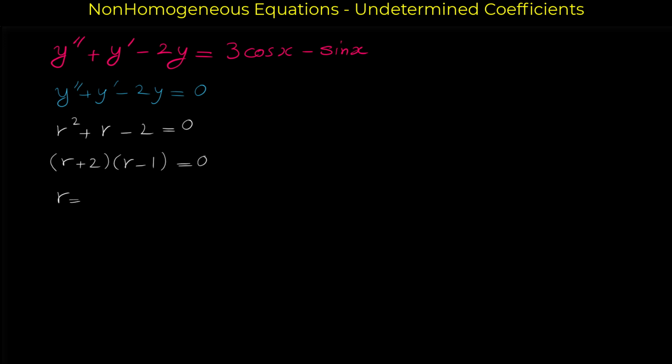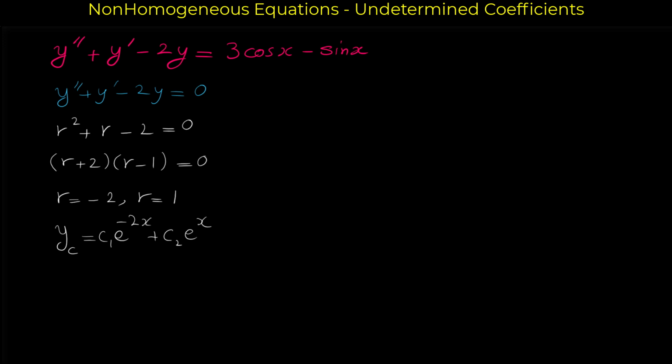From this, r is negative 2 and r is 1. These are simple, distinct real roots, so the complementary solution is c sub 1 e to the negative 2x plus c sub 2 e to the x.